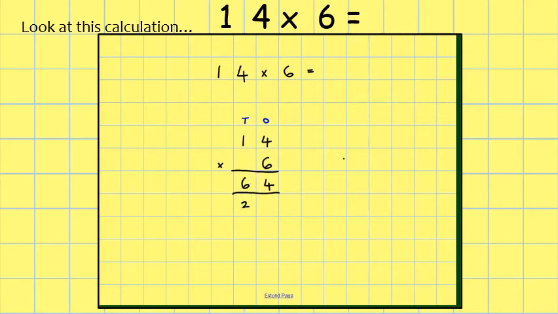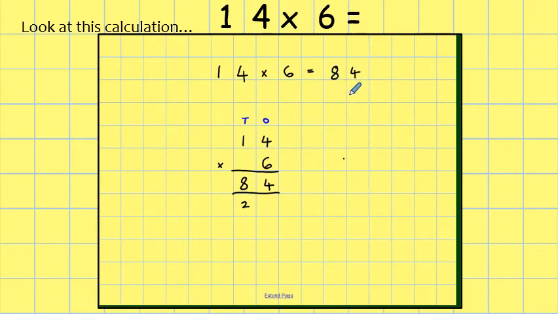So we need to keep that 6 in our head and add on the 2 lots of 10 that we've already carried across. So 60 plus this 20 equals 80. 14 multiplied by 6 is 84.